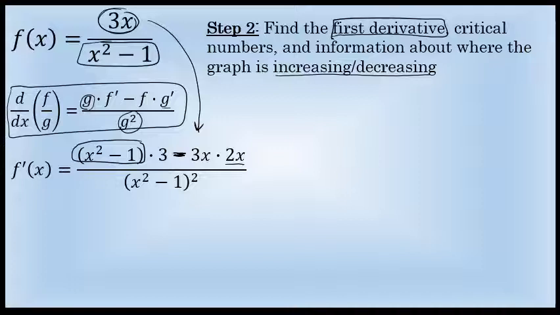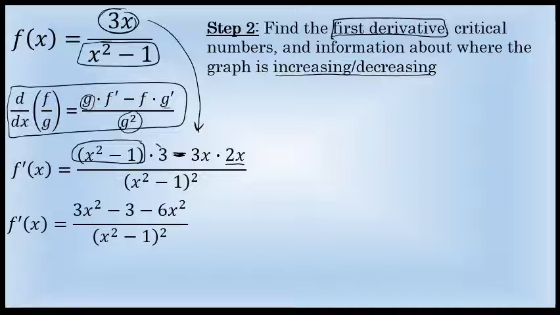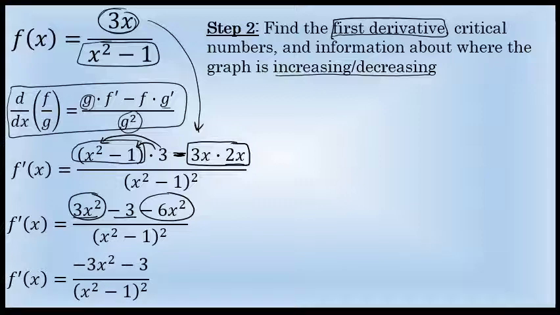We'll simplify it a little bit by distributing the 3 before the minus sign. 3 times x squared is 3x squared, and 3 times -1 is -3. And the product of 3x and 2x is 6x squared. There are two like terms that can be combined. 3x squared minus 6x squared is -3x squared minus 3.